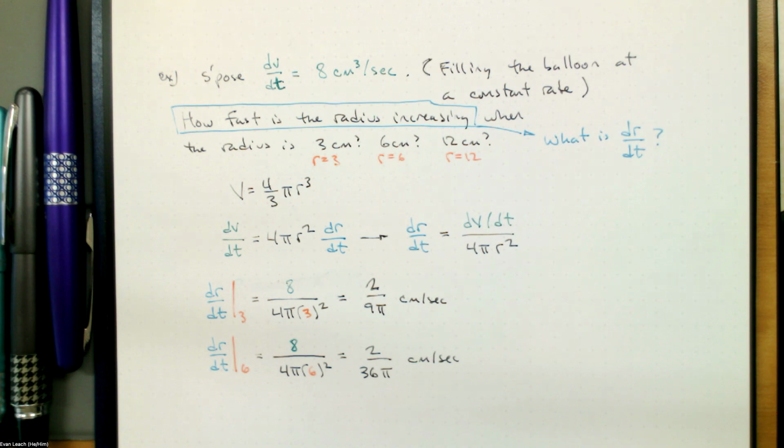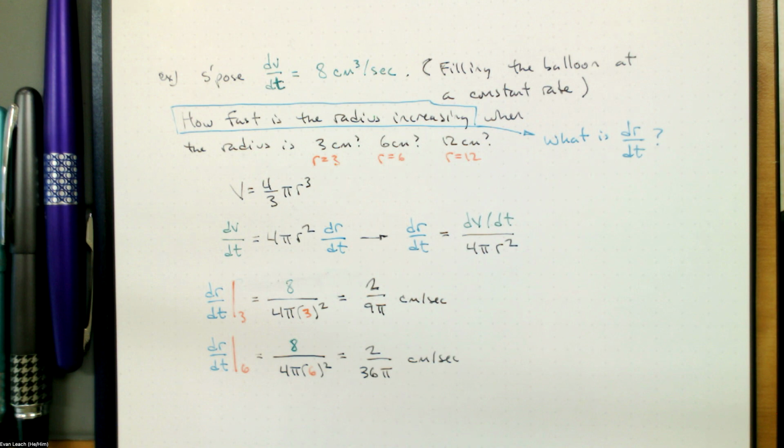This makes sense because when the balloon is bigger, adding 1 centimeter of radius adds a lot more volume, because that 1 centimeter is spread out over a giant volume. So if the volume is changing at a constant rate, then adding a fixed amount of volume is going to require less change in radius.